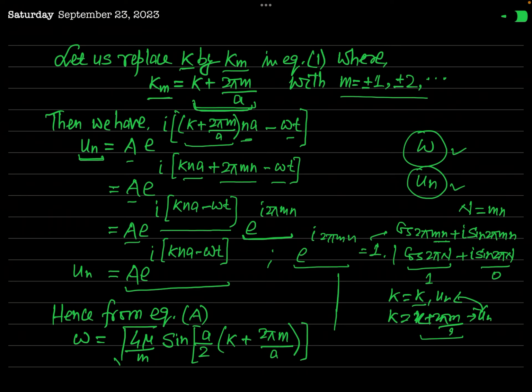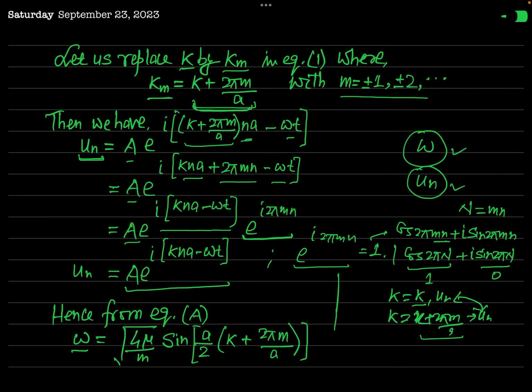Now we will see what will happen to the value of omega. You will again see that even the value of omega will not change when you replace this k by k plus 2 pi m over a. Frequency will also remain the same. And for this what you will do?